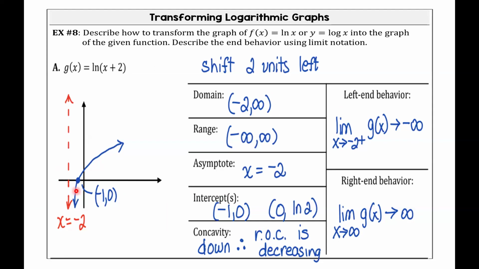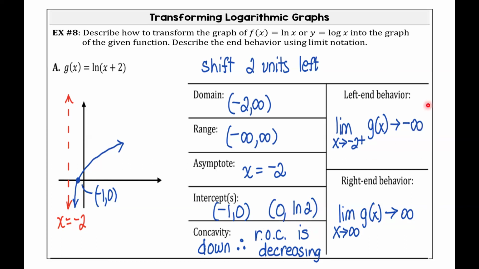And if I'm taking 1 and shifting it 2 units to the left, that puts me at -1. Now, for your y-intercept, I just wrote 0, natural log of 2, because if I plug in 0, I'm left with natural log of 2. On the non-calculator side, will I be able to write that value? No. So all you can do is state that it's at natural log of 2.